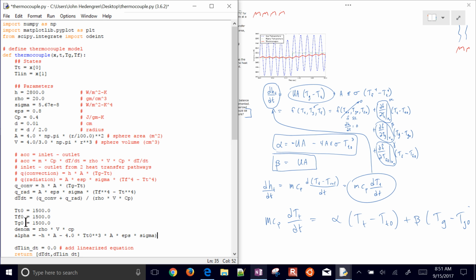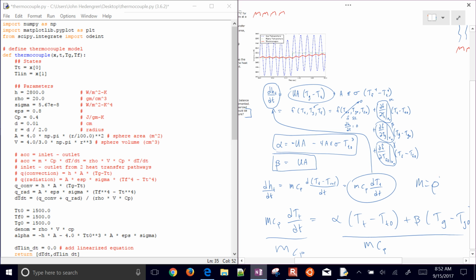Okay, and then all of that I need to divide by what was on the other side. Let's see, this just needs to divide out m c sub p on both sides, and the mass is equal to the density times the volume. Okay, so let's see, where am I here?